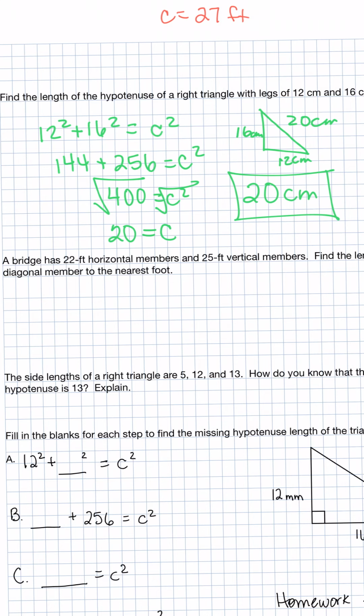A bridge has 22 feet horizontal members and 25 feet vertical members. Find the length of the diagonal member to the nearest foot. So we have 22 squared plus 25 squared equals C squared. 22 times 22.